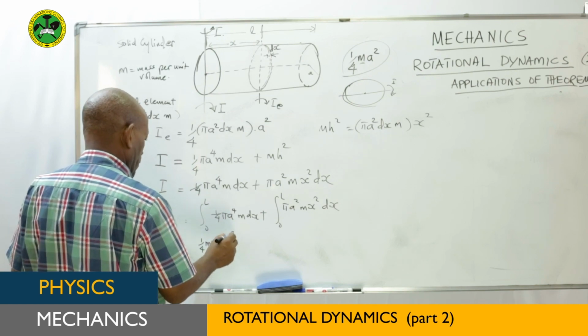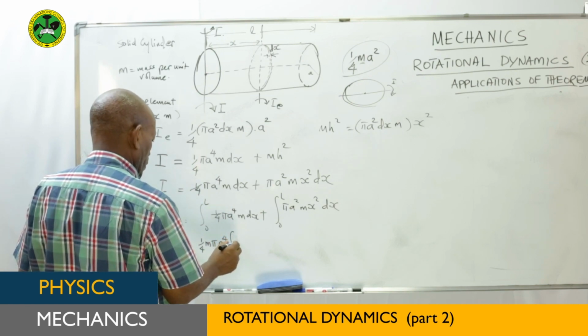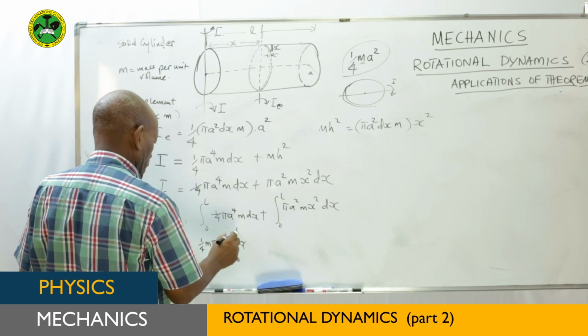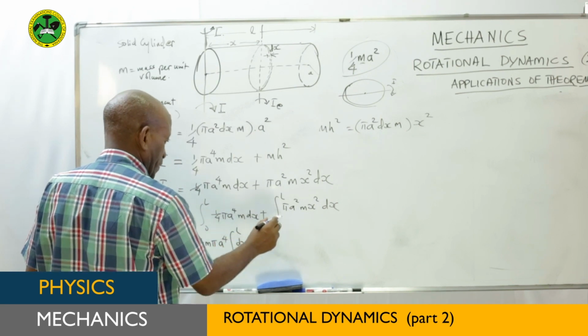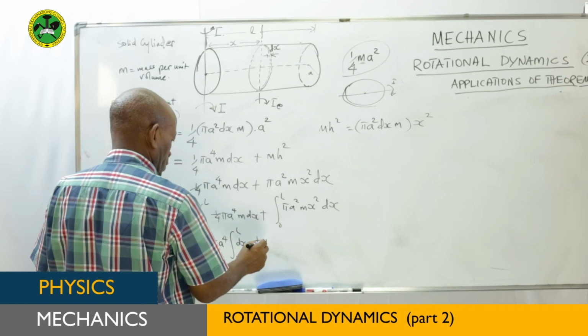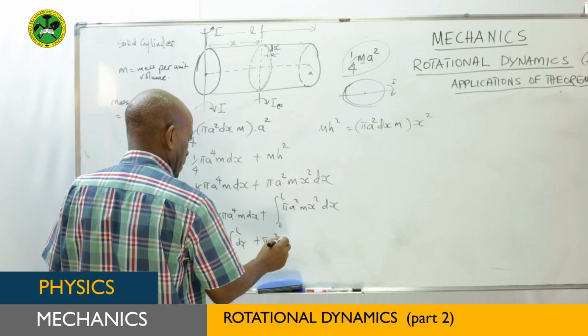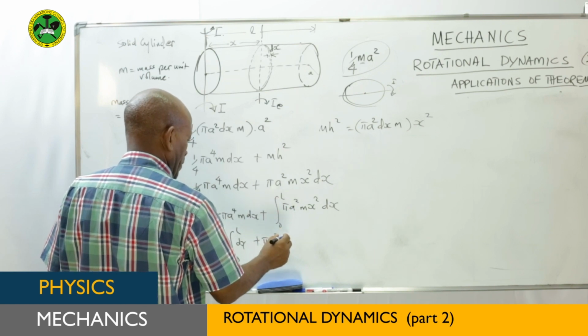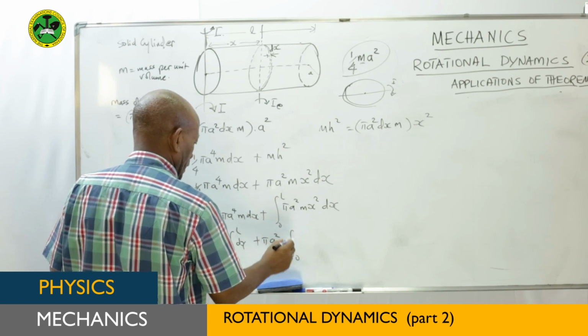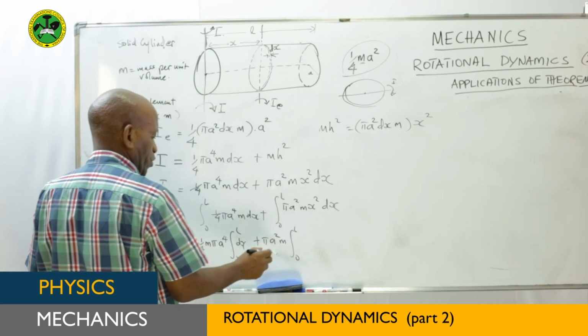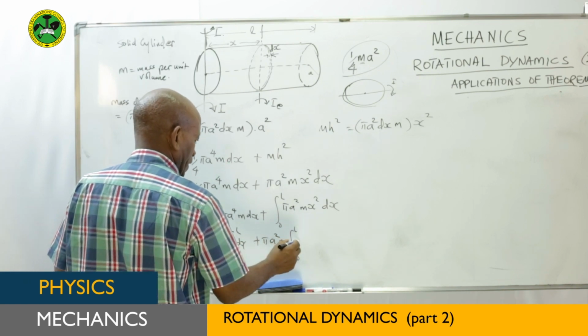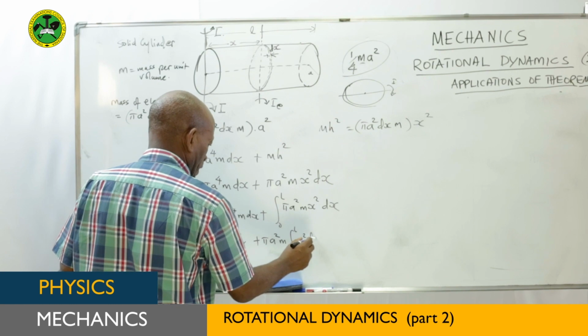So we're just going to have dx from 0 to L, plus, you can see here also pi a squared m, which can be taken outside from 0 to L, and inside there we're just going to have x squared dx.